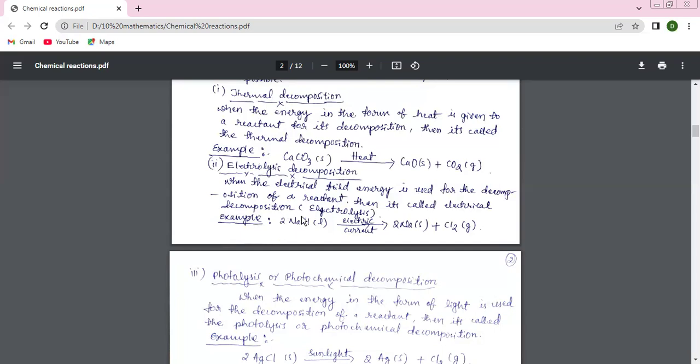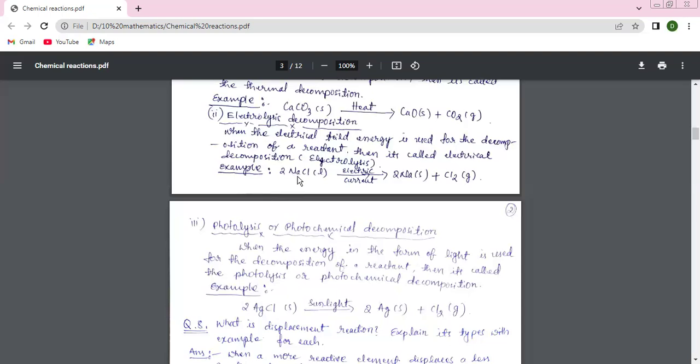So when electrical energy is supplied to break down a reactant into its components, it is called electrolytic decomposition. Here is the example. NaCl, sodium chloride, in liquid form.